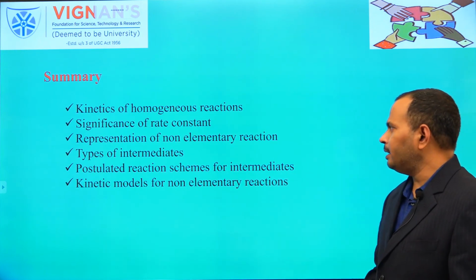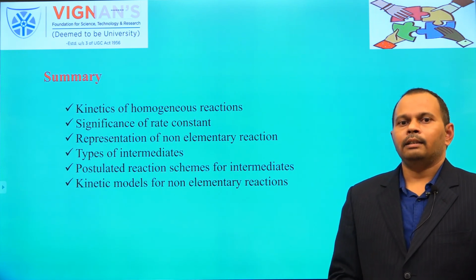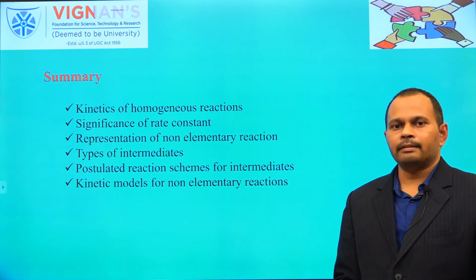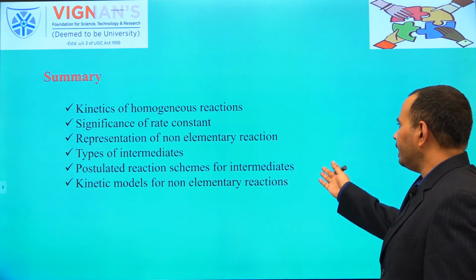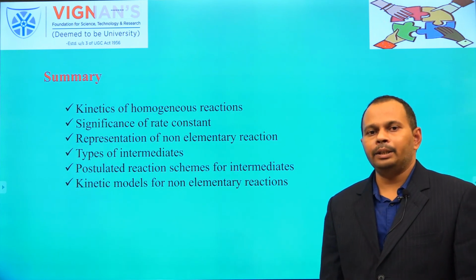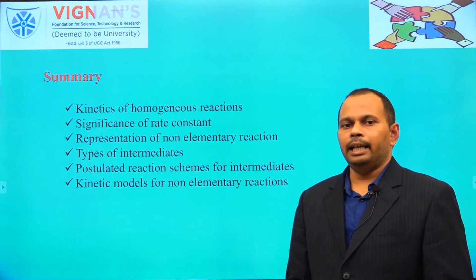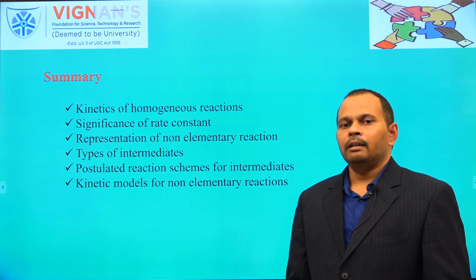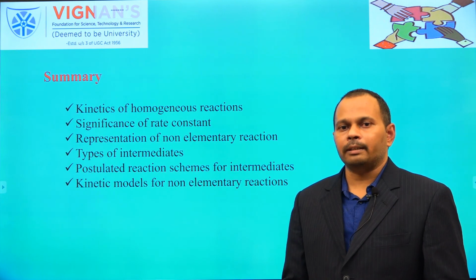The types of intermediates formed in non-elementary reactions are classified into four types: free radicals, ions and polar substances, molecules, and transition complexes. The postulated reaction schemes for intermediates are classified into two types: chain reactions and non-chain reactions. A chain reaction takes place in three steps and a non-chain reaction takes place in two steps.